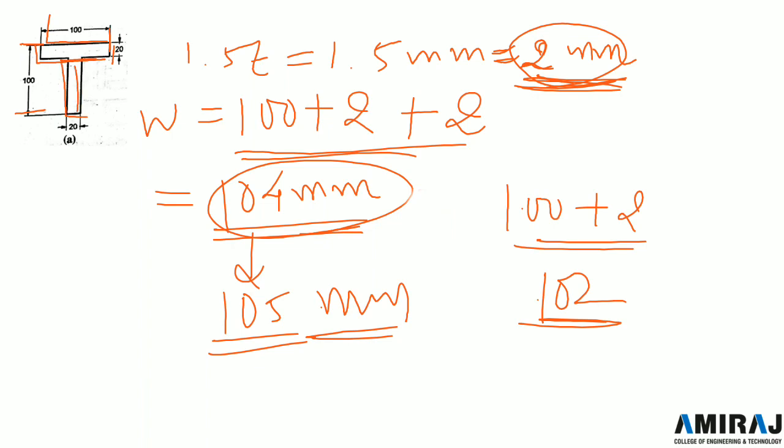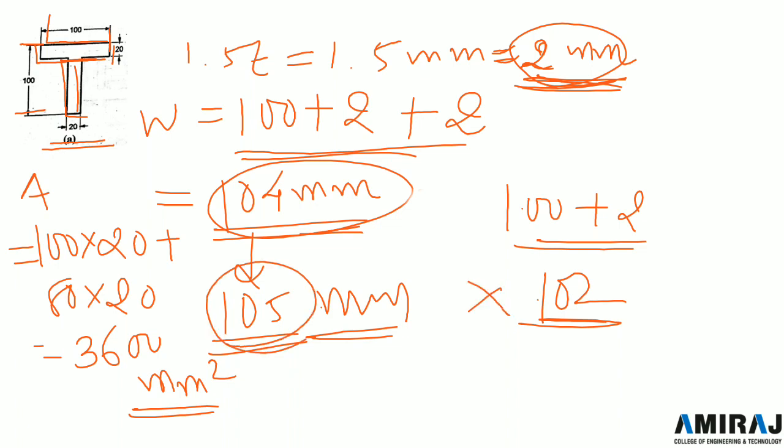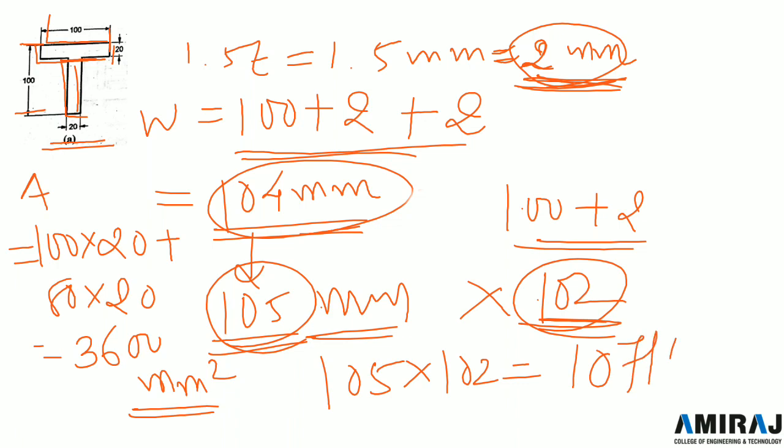There are two blocks, so it will be 100 by 20 plus 80 by 20, which is approximately 3600 mm square. Now the sheet metal used here will be 105 into 102 mm, which will be approximately 10710 mm square. So this much amount of sheet is used.